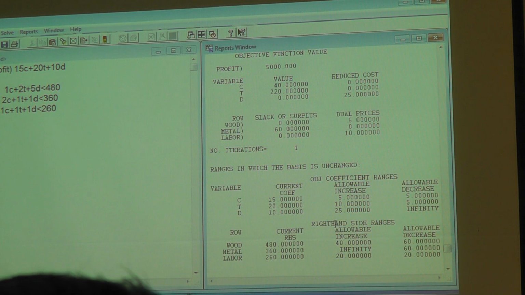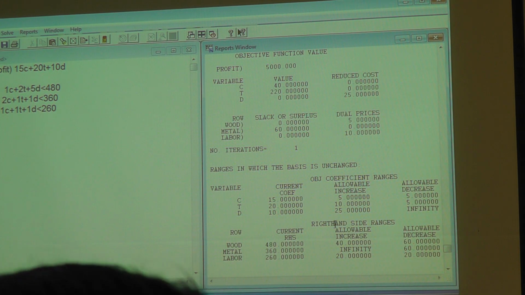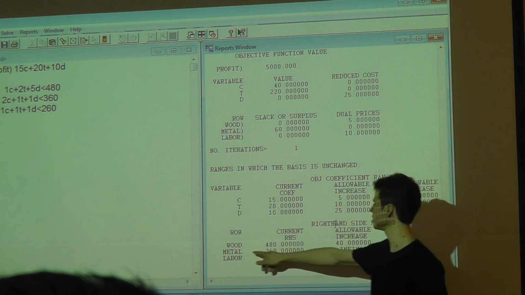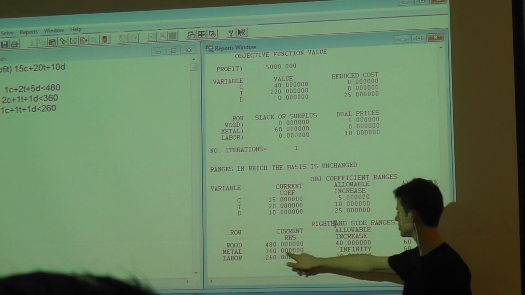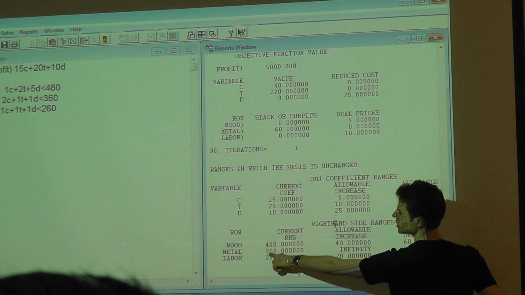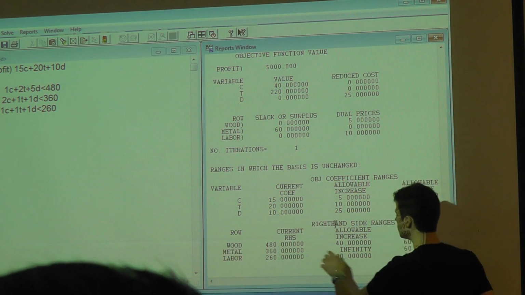Well, maybe with metal, it is quite an easy question. You have slack metal available, so if you get more metal, the solution will not change. Or if you reduce the metal by an amount which is equal to the amount of slack metal available right now, it will still not change. So we go back to this table, and we see that the current right-hand side is 360 units of metal available.